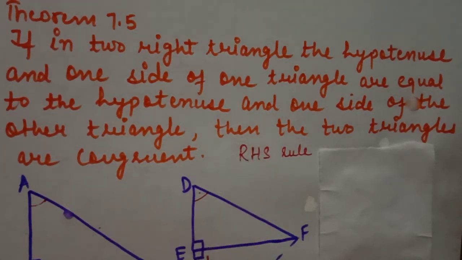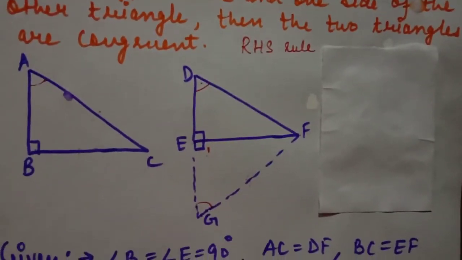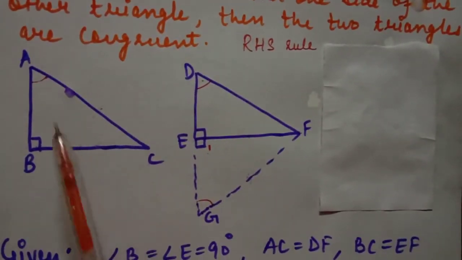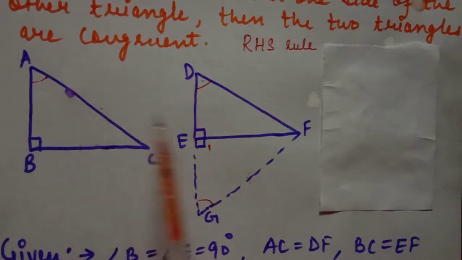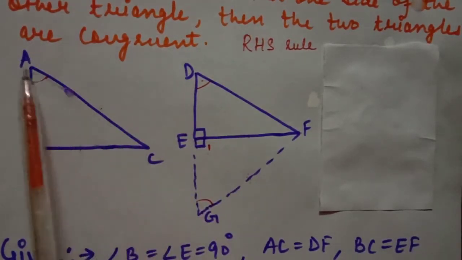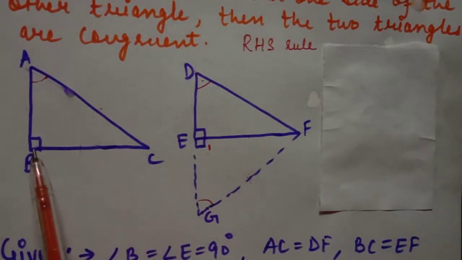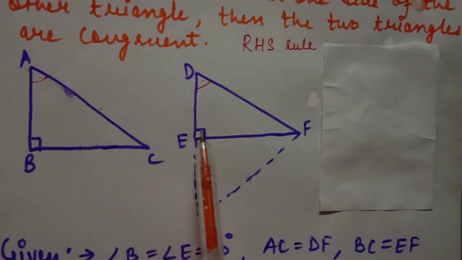Now students, we will solve this question. First, we will discuss this question with the help of a diagram. We have two right angled triangles, ABC and DEF. In this triangle, angle B is 90 degrees. In this triangle, angle E is 90 degrees.